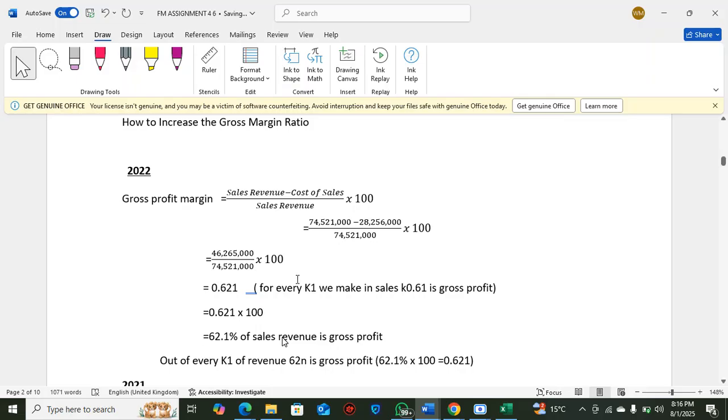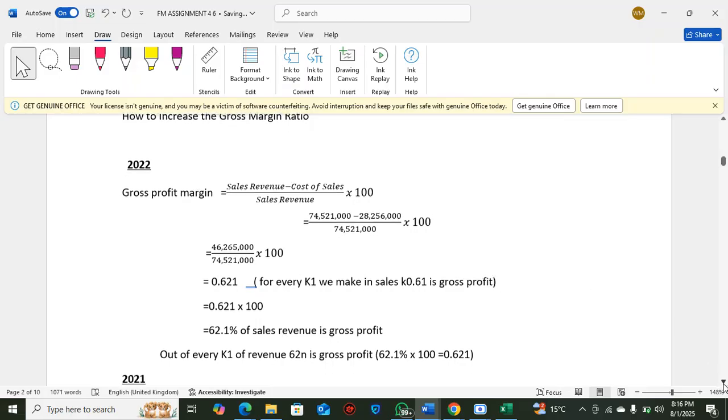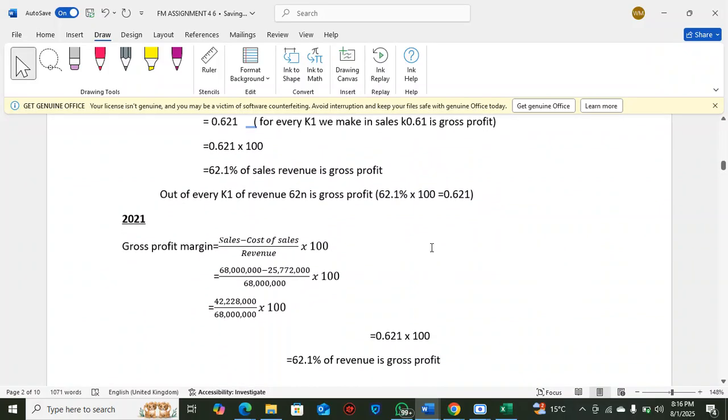We now go to 2021 to get the gross profit margin. Same thing: sales minus cost of sales. 68 million is the sales revenue. Cost of sales is 25,772,000.